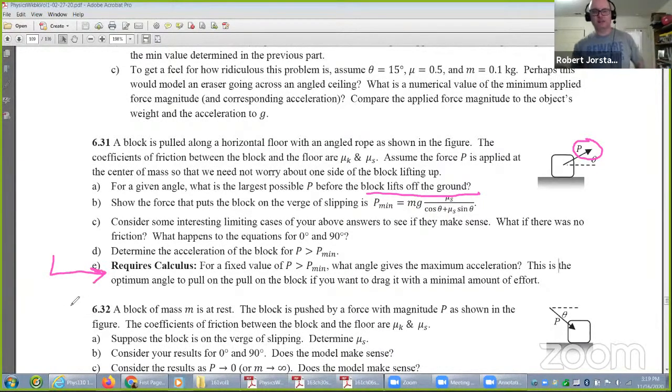That's actually the interesting part of 6.31. It turns out there's a certain angle that helps you accelerate the most. It's not straight to the right. It's not straight up. We see that it's at some angle. And so that's what's really cool about this problem: it shows you why it's easier to pull things slightly upwards at an angle.